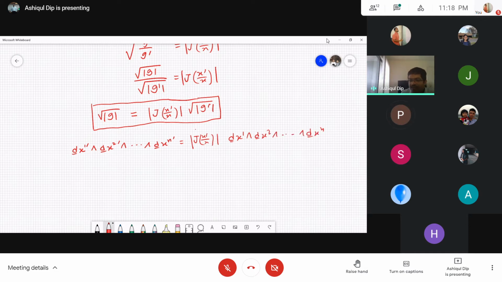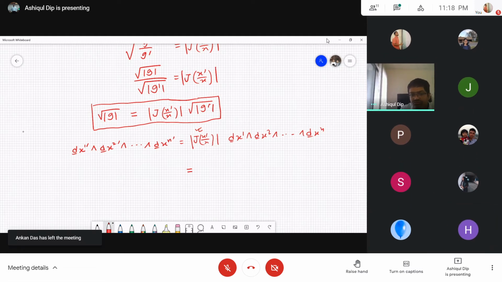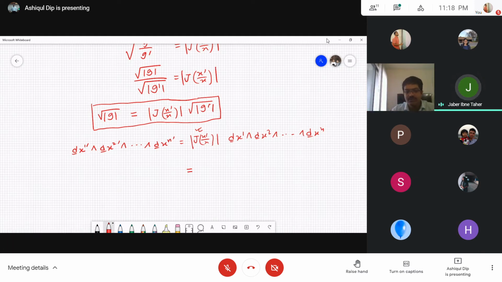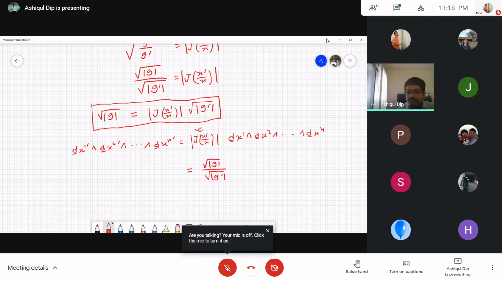I can now replace this Jacobian in light of our metric tensor itself, right? Yes, we can. So now I can write my Jacobian as root over absolute value of G divided by absolute value of G prime.